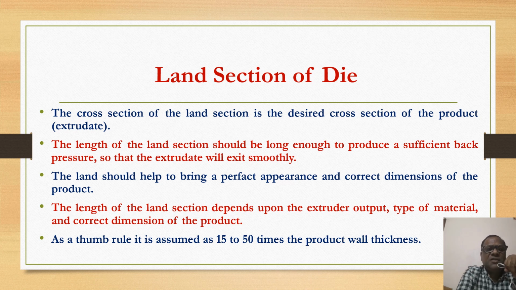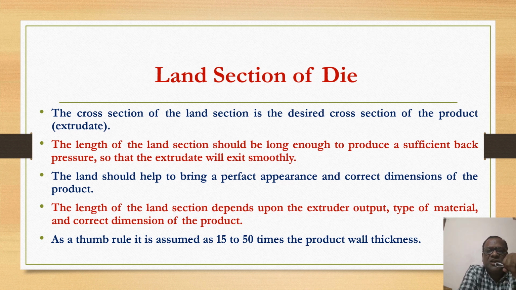As a thumb rule, what people used to do is take the length of a land section in between a range. This is a thumb rule, because at the beginning a designer doesn't know how much to take, so they used to try in this range based on some input given by the experience of other designers earlier.